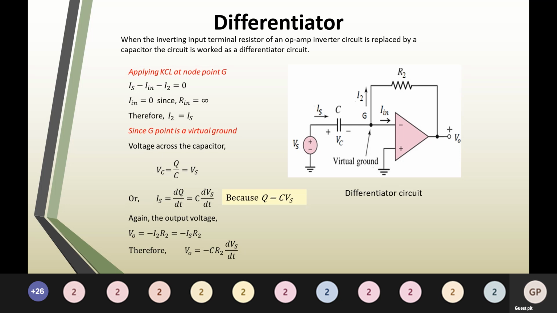Substituting all these, we find the output expression V0 is equal to minus R2C dVs by dt, where R2C is a constant. So this is how we get the expression for the output, and from the expression we can very well find out that the output is a differentiation of the input.